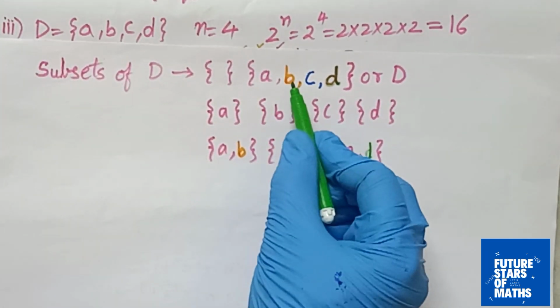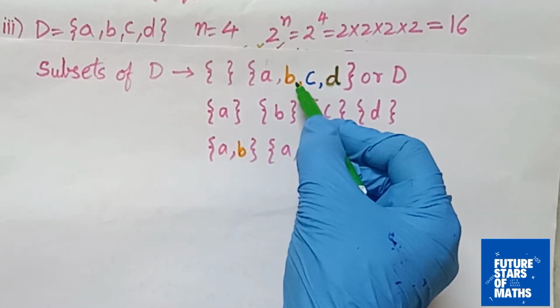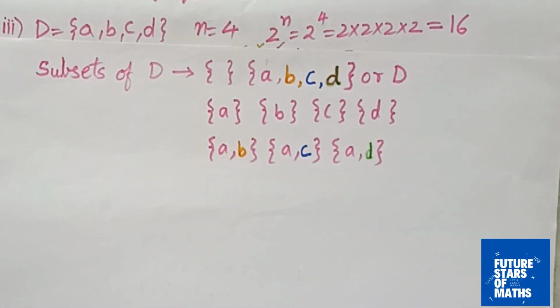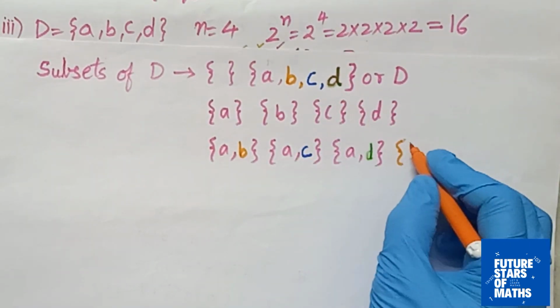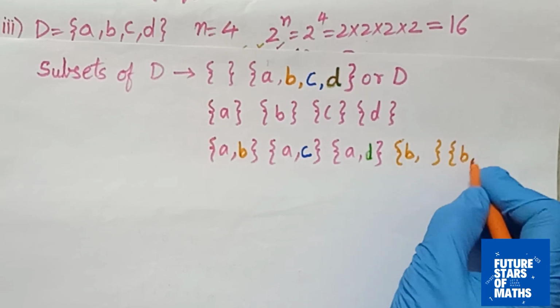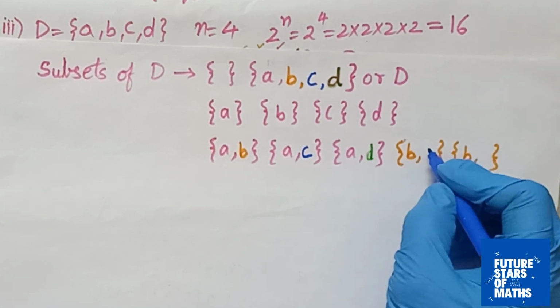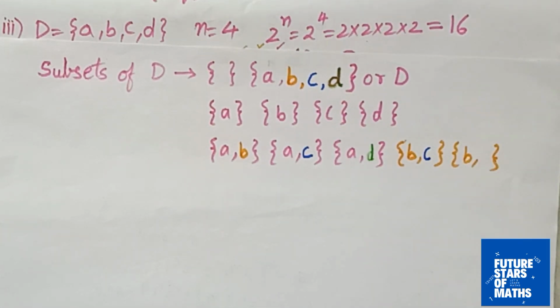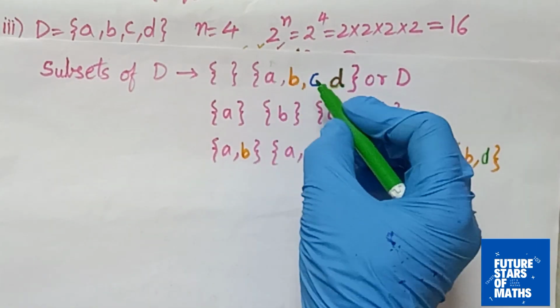Now we'll make pairs with B. So we should forget this A. Now we'll start with B. With B, how many elements are left? 2 elements are there. So we will get 2 pairs with B. What are the pairs? With B, C and D. Now A and B are finished.